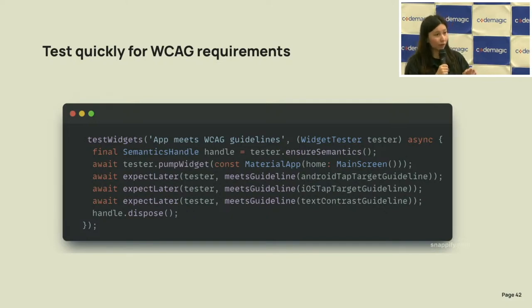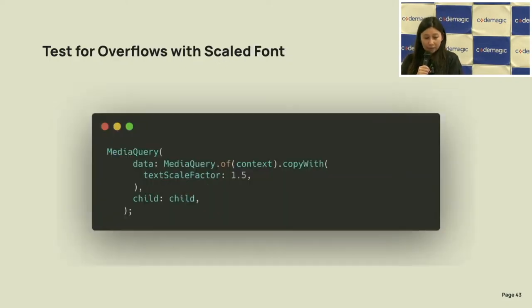A button has to have a specific size to be accessible. And we can test for iOS tap target guideline and, for instance, text contrast. So our app is more accessible. Then we can test also for overflows with scaled font, just to see if there's any overflows, something where the user won't see the text anymore.